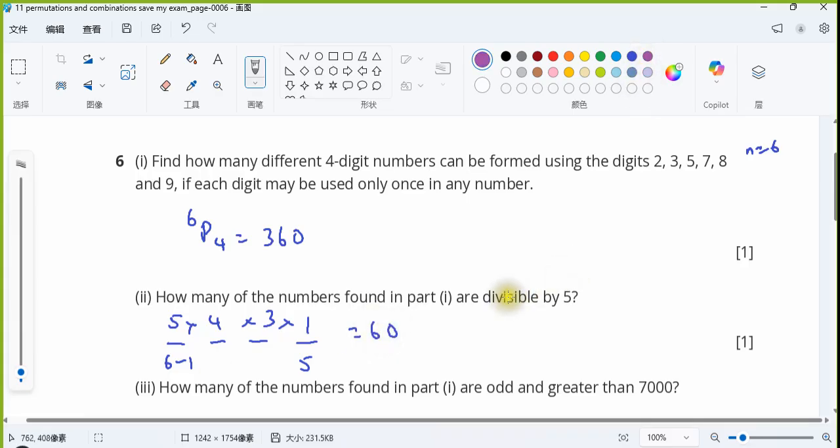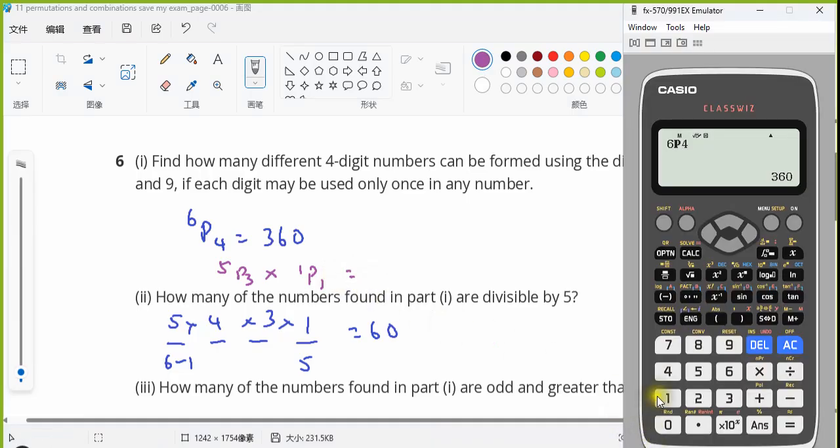We can also say it is 1P1 times 5P3. 1P1 is actually 1, so we have 5P3, then it is 60.